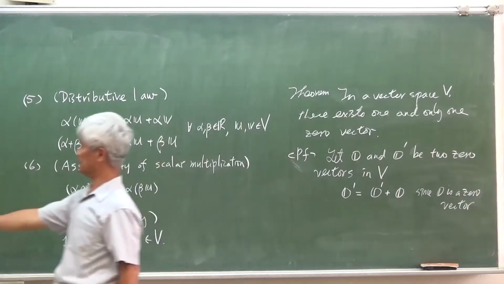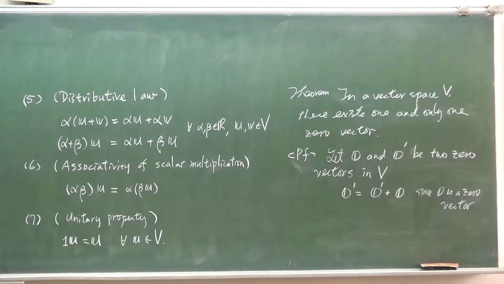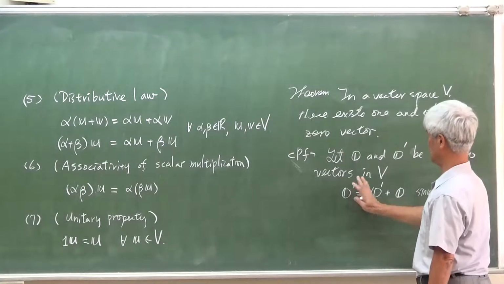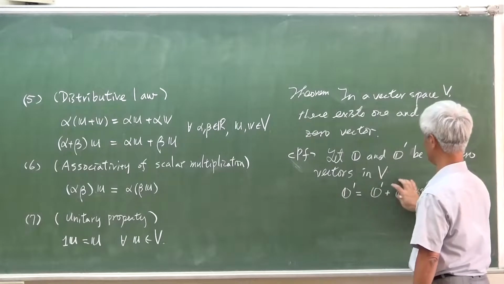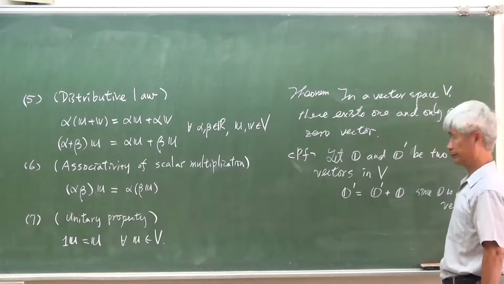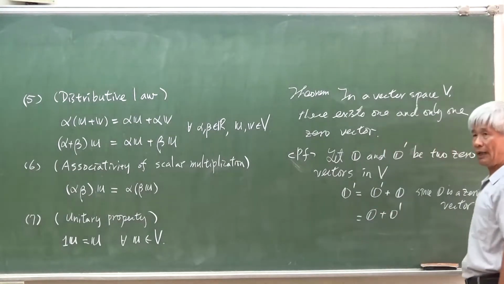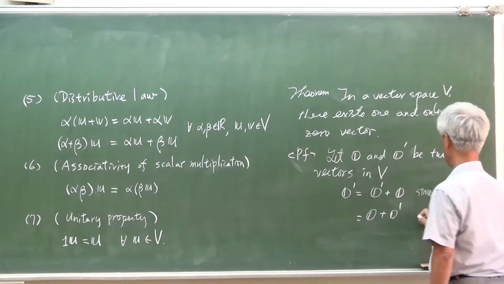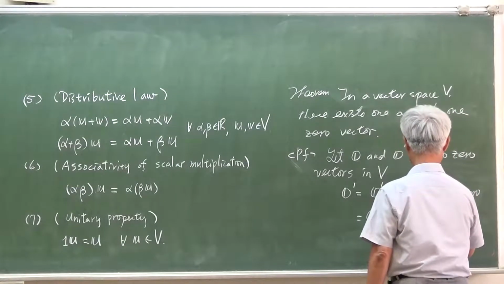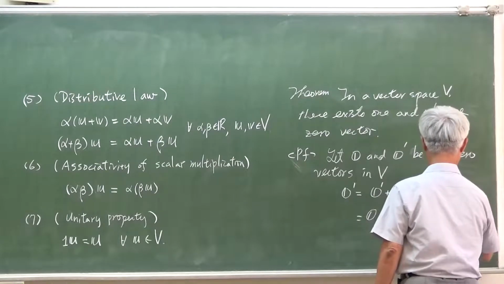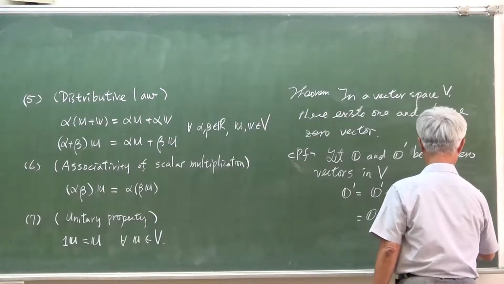Because 0 is a 0 vector, any vector you add with 0 comes to u. So this is u, and u plus 0 is equal to u. Now I can exchange the order of the addition by commutativity of vector addition.